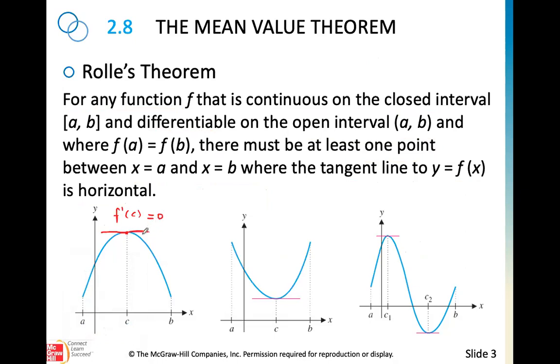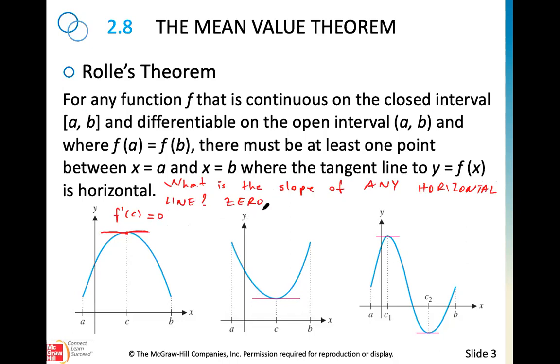Yes. Why? What is the slope of any horizontal line? The answer is 0. So this is a horizontal line, and since this is a horizontal line, the slope is 0.